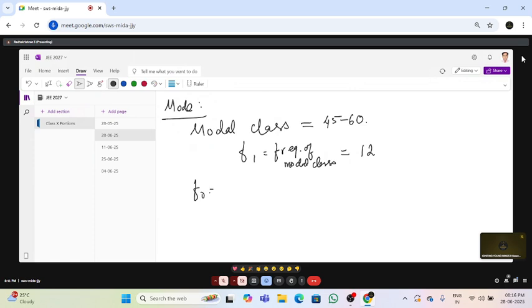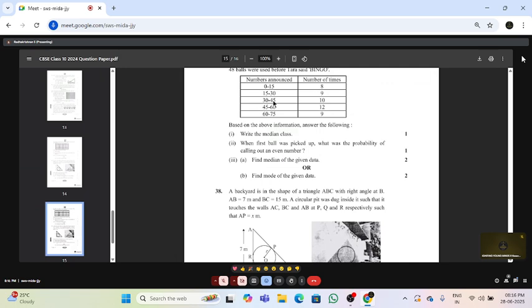F0 is the frequency of the class before the modal class. You look at the previous class, which is 30 to 45.